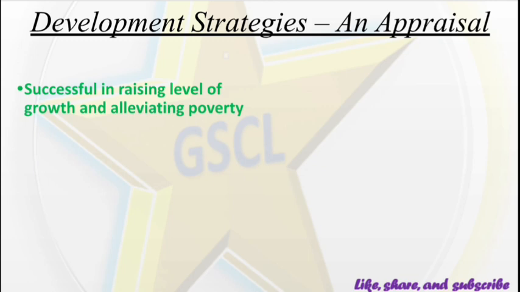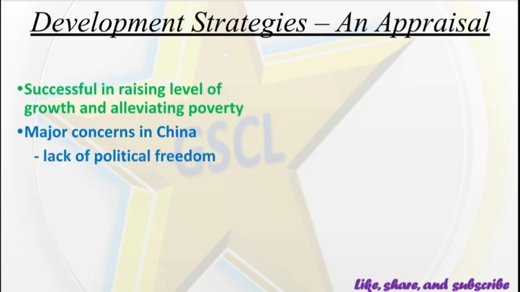The percentage of population below the poverty line in 2015 was 7%. The major concern in China is the lack of political freedom, and its implications for human rights might be drastic.